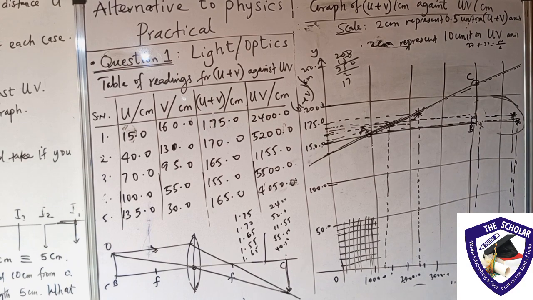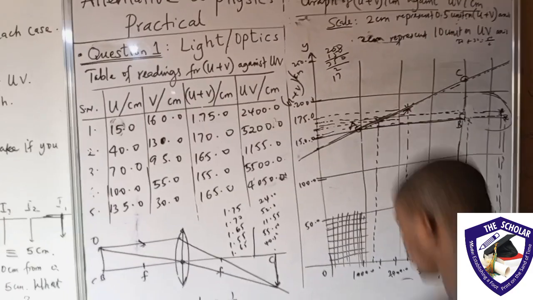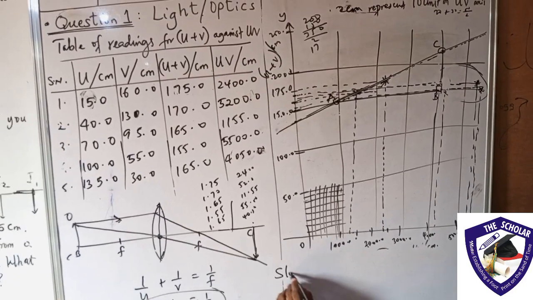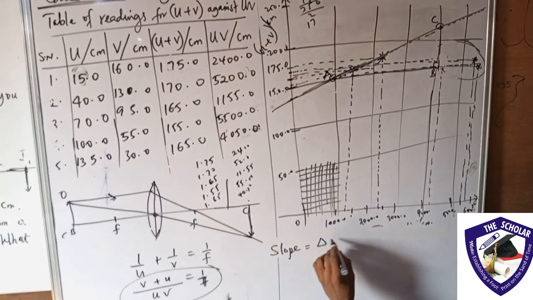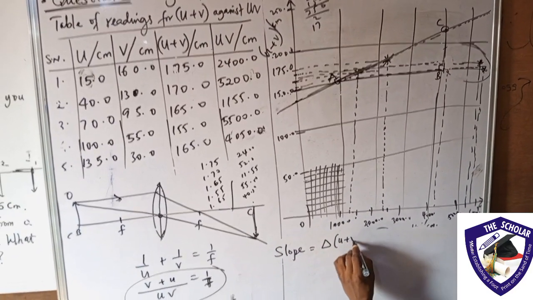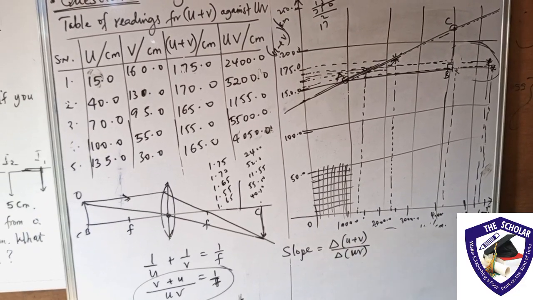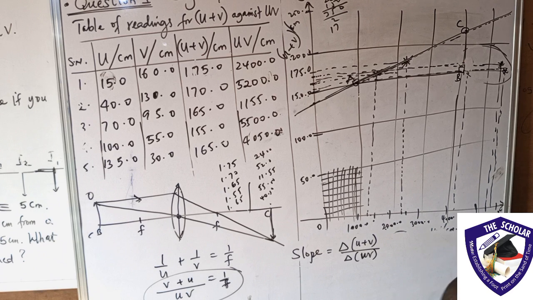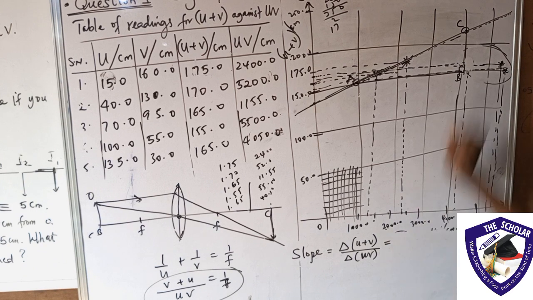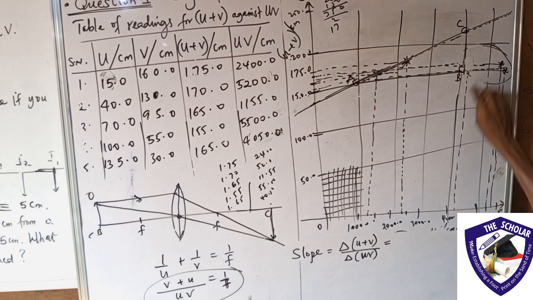So what is our slope here? Our slope is defined as change in u plus v all over change in uv. And when you say change, that means you are comparing 2 values. So for my slope here, it is the higher value at C minus the lower value.